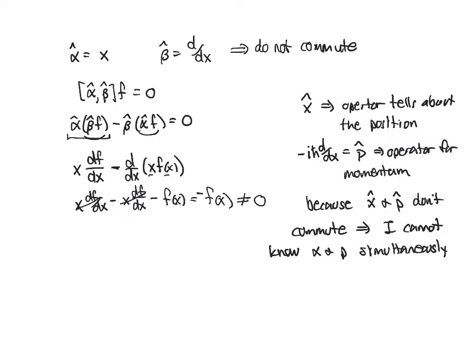And you'll recall from the very first day of this class that we talked about this uncertainty principle and the fact that we had to have some minimum product in that uncertainty, and that the better we knew x, the less we knew about p, and the better we knew p, the less we knew about x. And that is because these two operators don't commute.